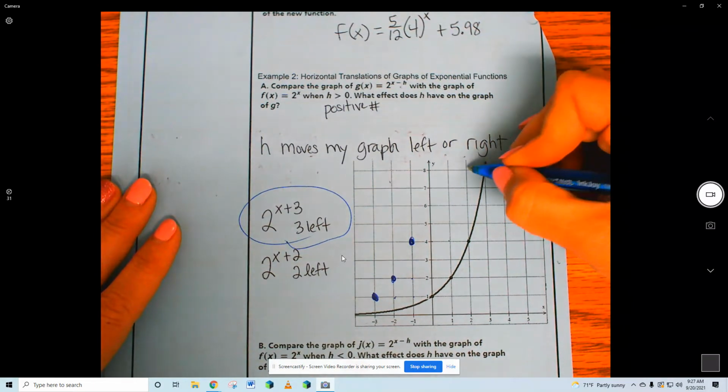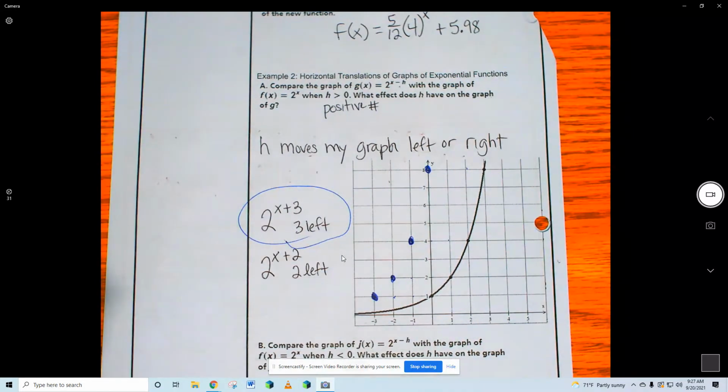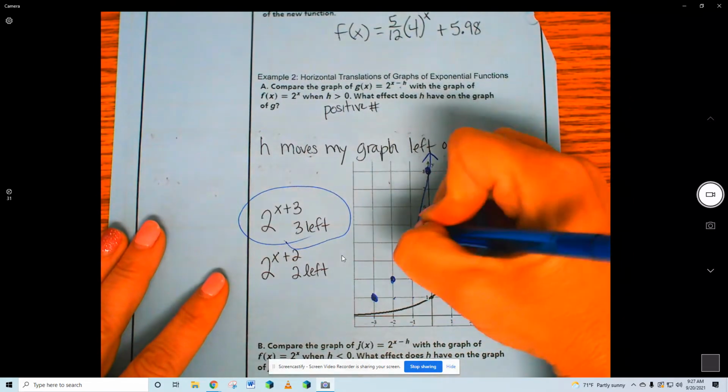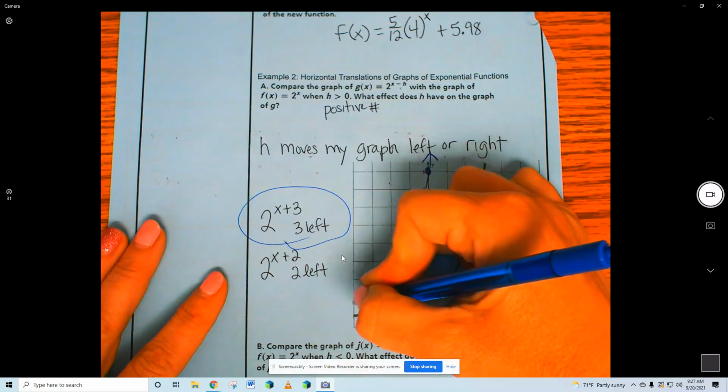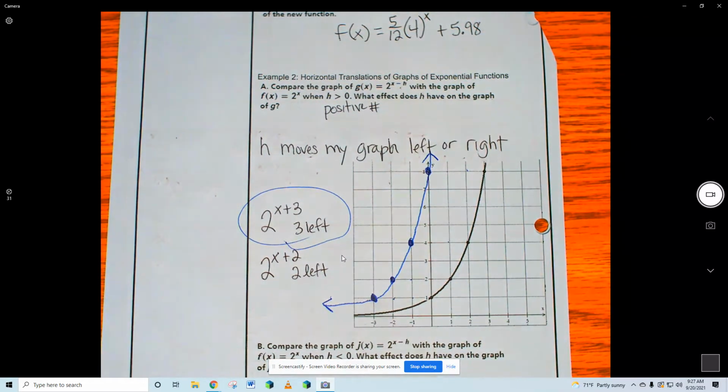So 3 to the left would be this blue line here. Arrows at the end of both. That's what it would look like if I shifted it 3 to the left. And I'm just counting squares. I didn't even make a table of values.